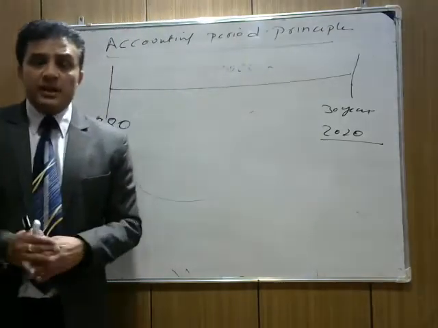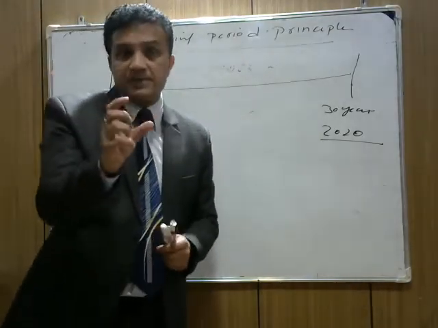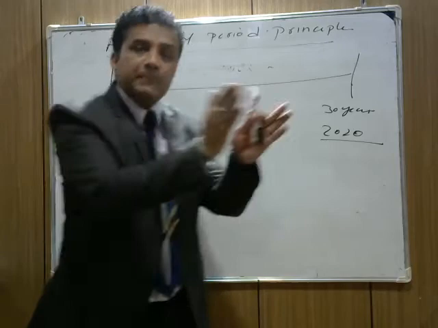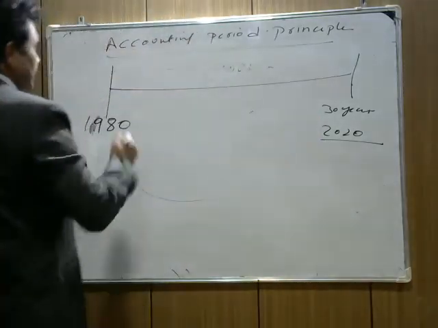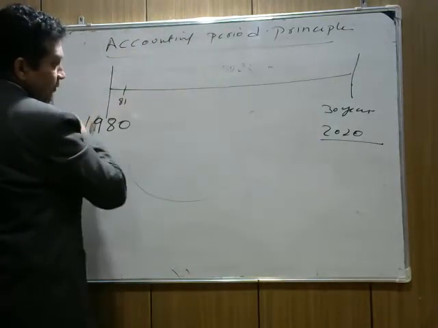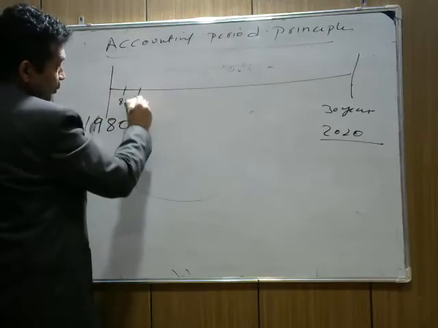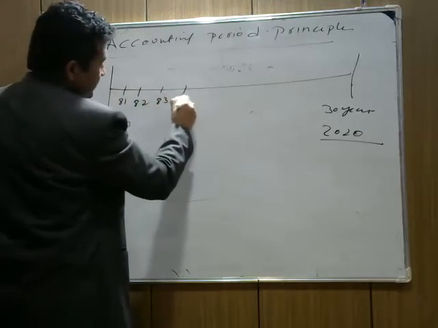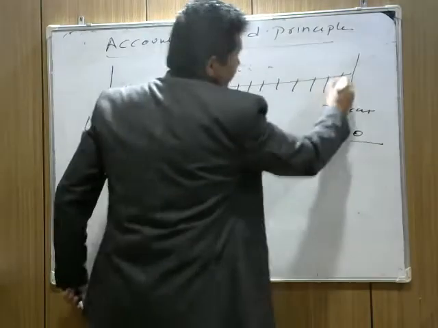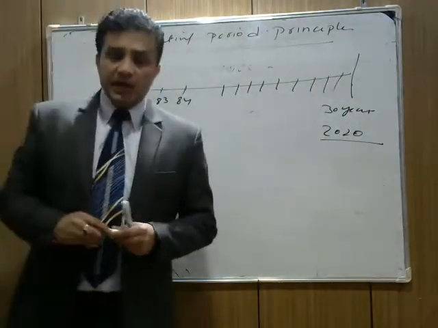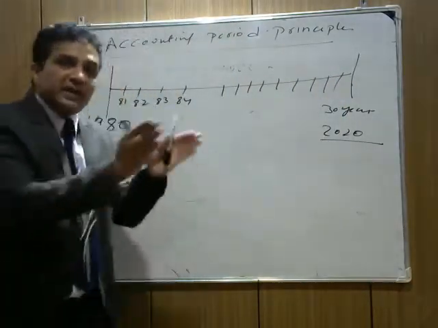That's why the accounting period concept says that you have to maintain the books for a certain period. It means you divide the period: after 1 year, in 81 you maintain books, in 82 you maintain separate books, 83 is maintained separately, same for 84, and it goes on for different periods.